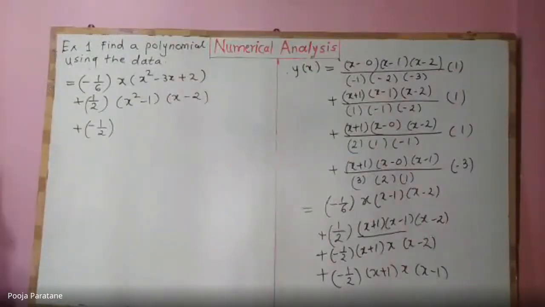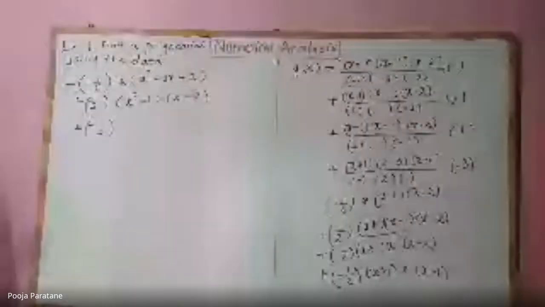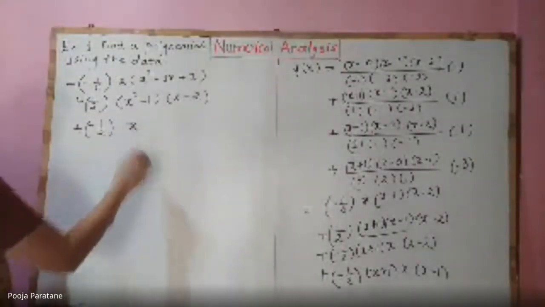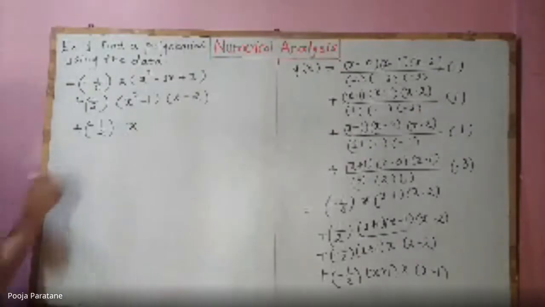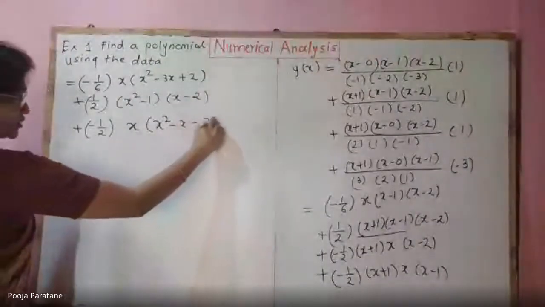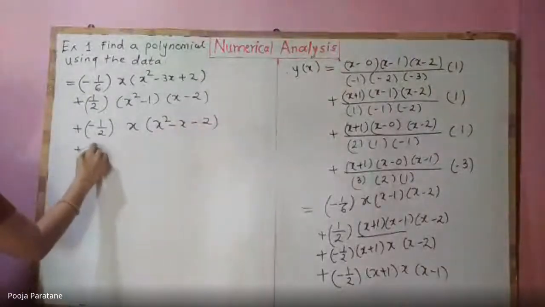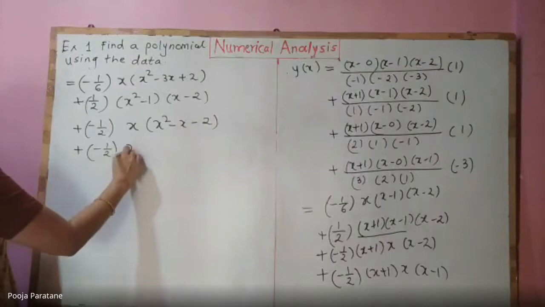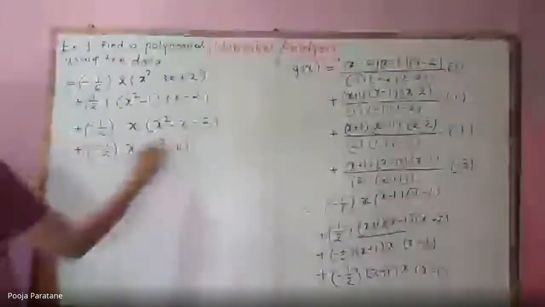When we collect the coefficients, we can pick up these terms properly. Then here, x I will put as it is and I will multiply x plus 1 into x minus 2, which is x square minus x minus 2. And the last term, minus 1 upon 2, then x, and here x square minus 1.